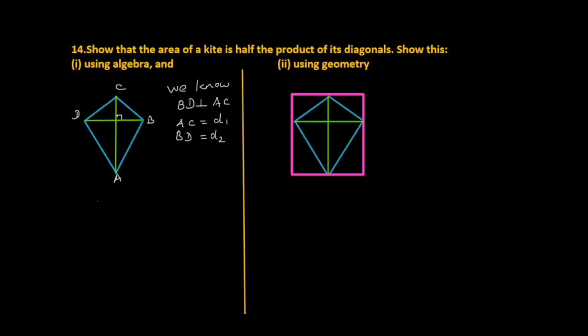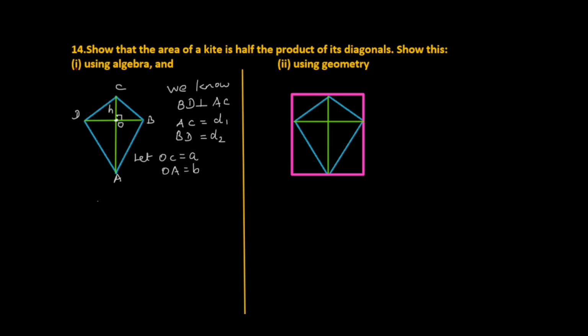Now I am going to divide my diagonal. Say the meeting point of the two diagonals is O. Now let OC be equal to A units and OA be equal to B units.